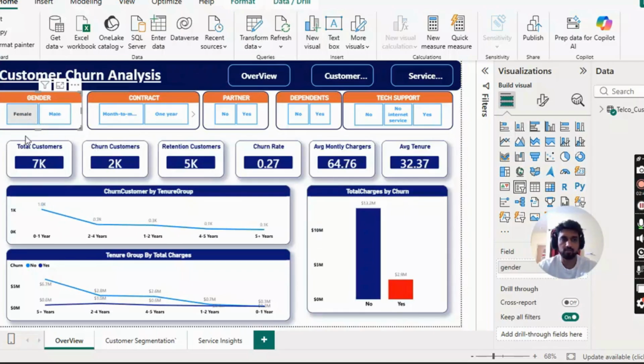When it comes to age group and customer churn, the first few months have the highest churn rate. The revenue lost based on churn is 2.9 million.